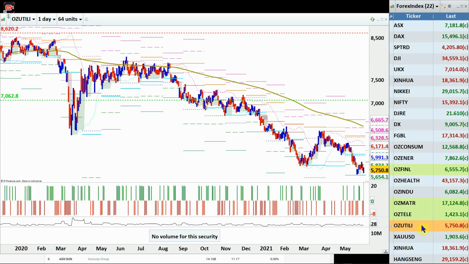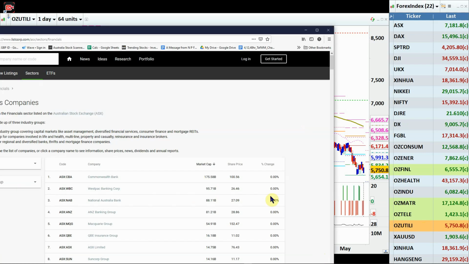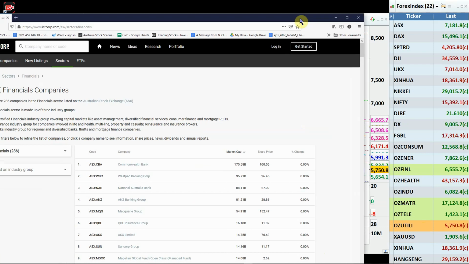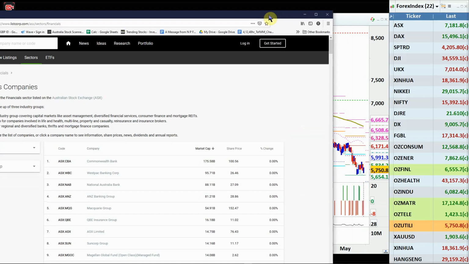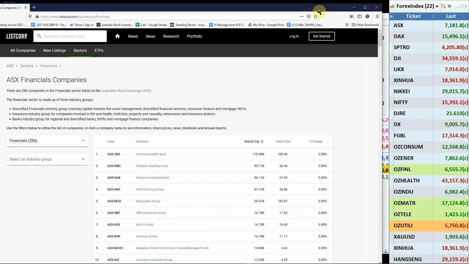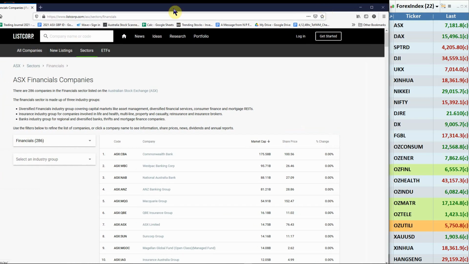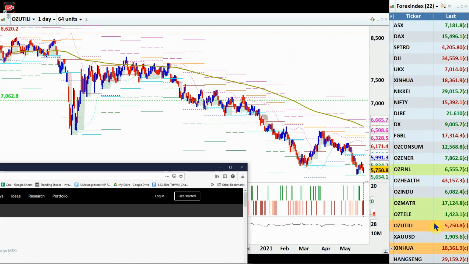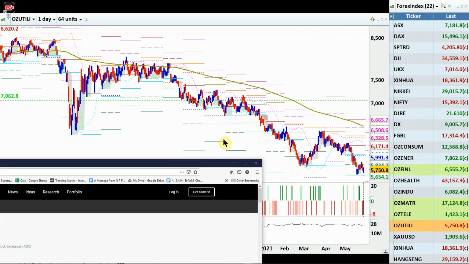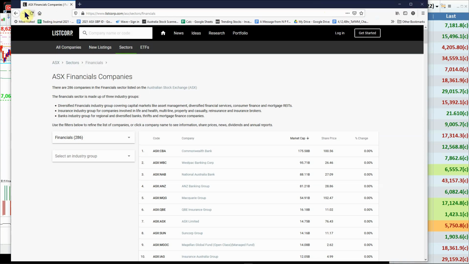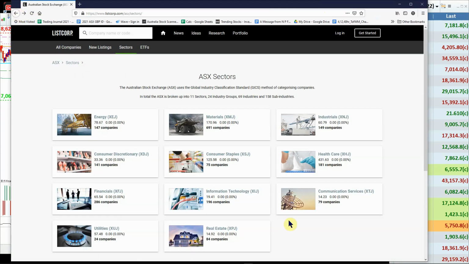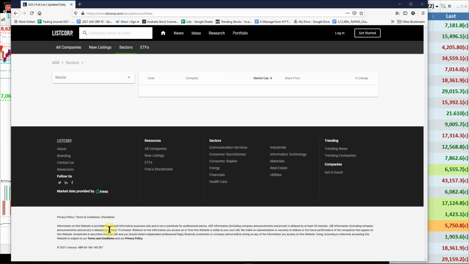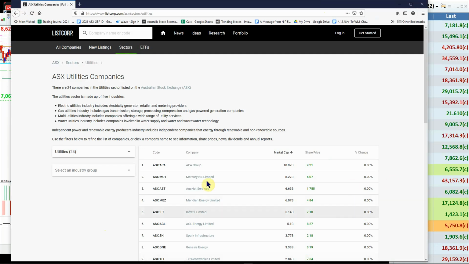We have not told you to go to this website, but this is a good learning, at least from your perspective. It's an interesting thing, how to know the sectors. A common question is how to know the companies within a sector. First of all, we need to know which sectors we are trying to long or short. If we are short, go to the utility sector and find out which is the worst one, for example APA or Mercury New Zealand.